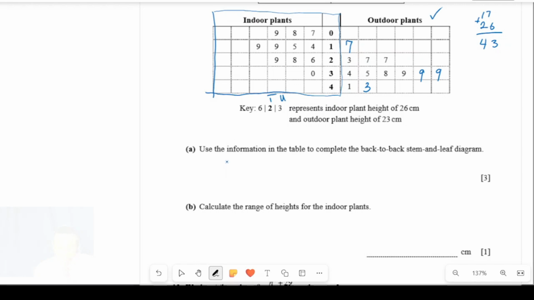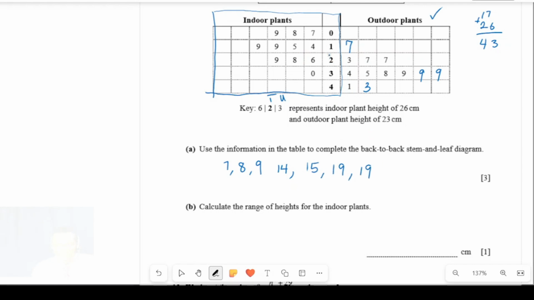So you have 7, you have 8, you have 9, then we have 14, this and this 14, this and this 15. So let's go. We have 15. What is the next one? 19. What is the next one? Then 19. There are two plants with 19 cm.